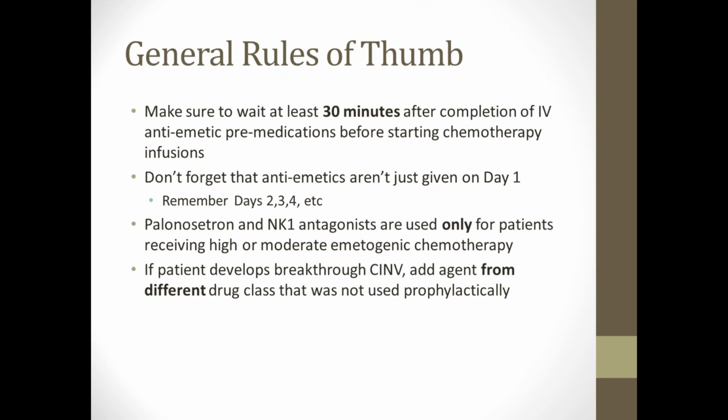And again, as I mentioned earlier, if a patient develops breakthrough chemotherapy-induced nausea and vomiting, you would want to add a medication from a different drug class that wasn't used during the prophylactic antiemetic administration. For example, a benzodiazepine like Ativan, a dopamine antagonist such as Phenergan or Compazine.